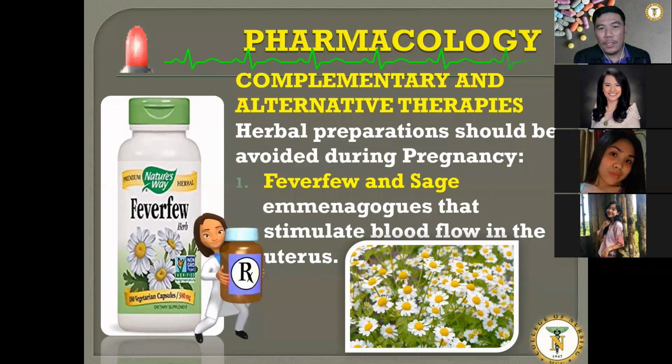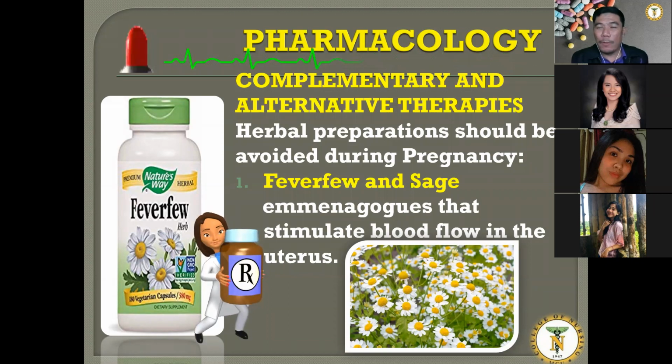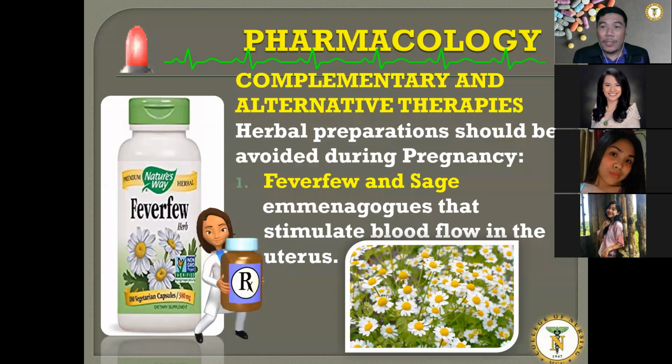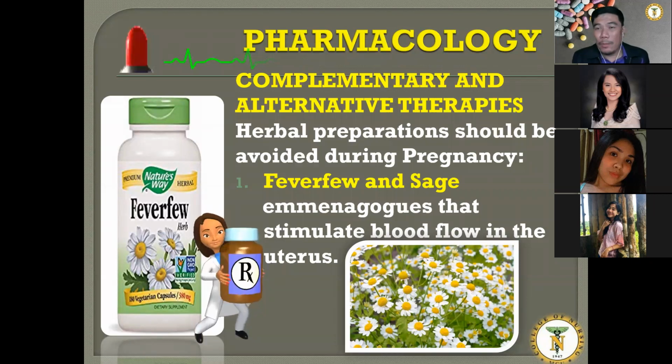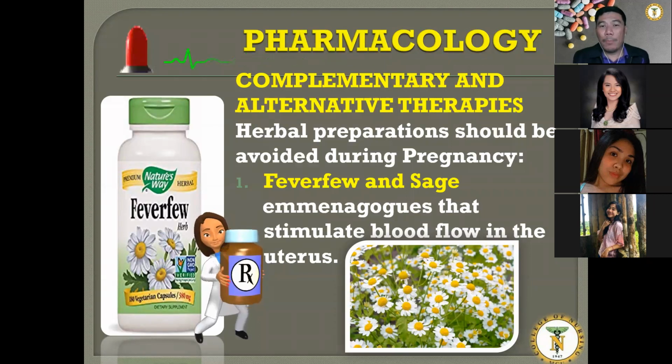We could say that this could possibly be abortive. If the mother is pregnant and bearing a fetus inside, the bleeding itself may trigger the expulsion of the fetus, and possibly cause a miscarriage or spontaneous abortion. So this must be avoided because this may induce bleeding.